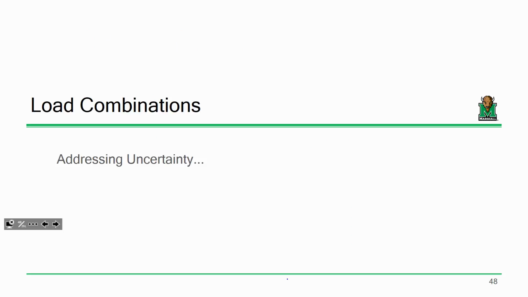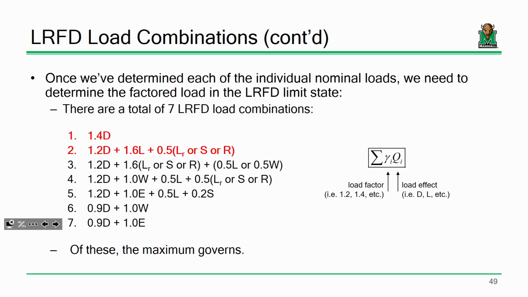Okay. Last thing we need to do is put all of that together, and that's where load combinations come into play. Load combinations are prescribed means to combine loads in order to address uncertainty. We don't just take, here's all the dead loads, here's all the live loads, here's all the snow loads, let's just add them up and call it a day.